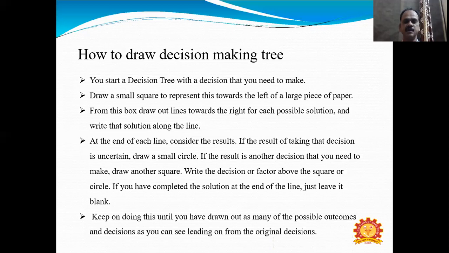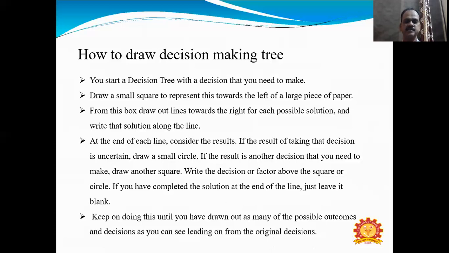If the result is another decision that you need to make, draw another square. So if there is uncertainty, we need to draw the circle diagram. If it is certain, we need to put the square diagram.